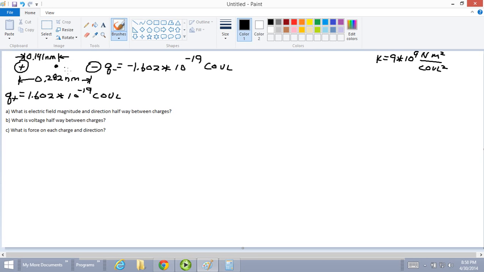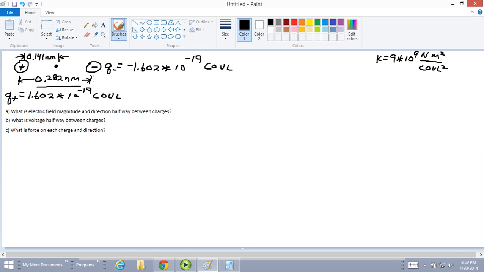So from the positive charge to the halfway point is half of this, and from the halfway point to the negative charge is also half of this, also 0.141 nanometers. So we want to know the electric field magnitude and direction halfway, the voltage halfway, that's part B, and the force on each charge.